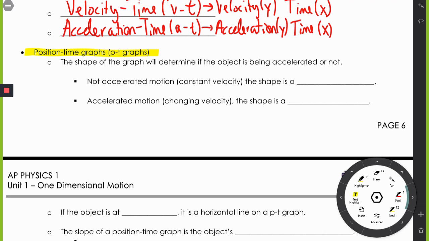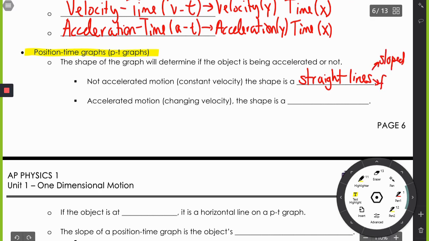Non-accelerated motion, or what we call constant velocity, is going to be straight lines. They're not going to be curved at all. It's going to be linear, and there are two ways to show that. It's either going to be sloped or it's going to be flat, and we'll talk about that in a second.